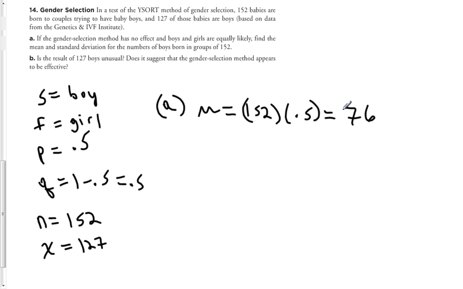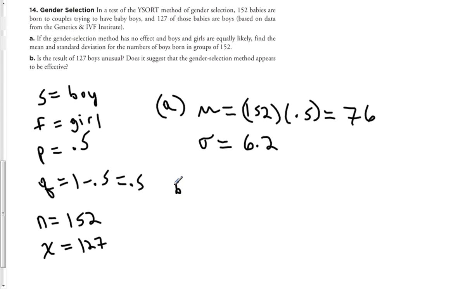So the mean, if this were completely random, would be 76 boys. That would be the average. And the standard deviation, we already saw, was 6.2. So part A, we've already done in the previous example.